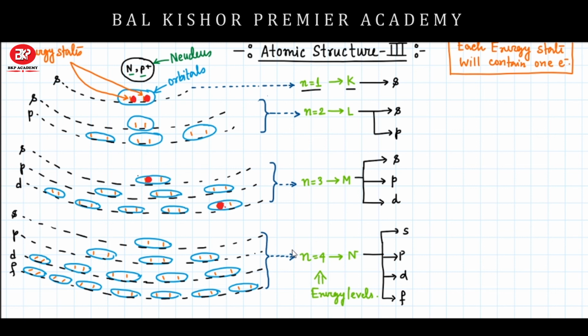For this electron the four quantum numbers will be n, l, ml and ms. n means the energy level number, that is 3.